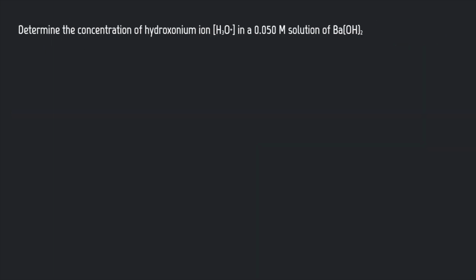Let's move on to question number 4. Determine the concentration of hydroxonium ion in a 0.050 molar solution of barium hydroxide. Okay, in the question you were given the concentration of barium hydroxide. So in a way, you know that you already have the concentration of the OH minus.